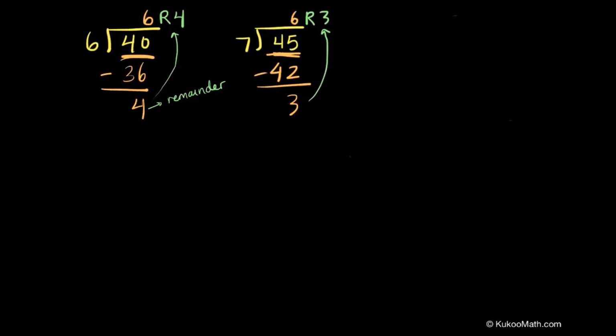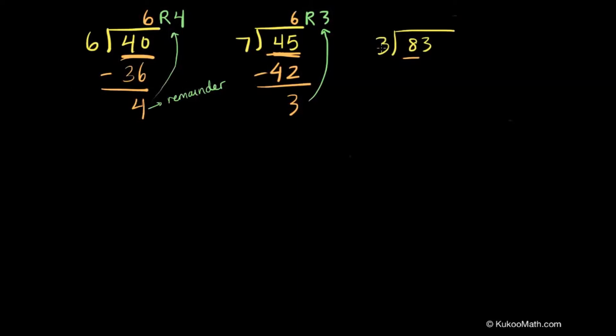Let's try one more problem. We're going to do 83 divided by 3. Again, our first step is to see whether 3 can fit into just the first digit alone, 8. It can. This time it can. So how many times can we fit 3 into 8 without going over 8?